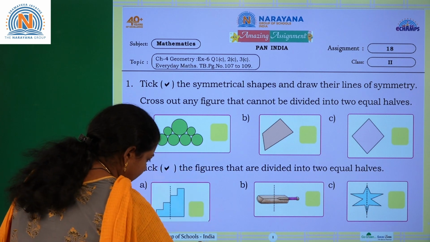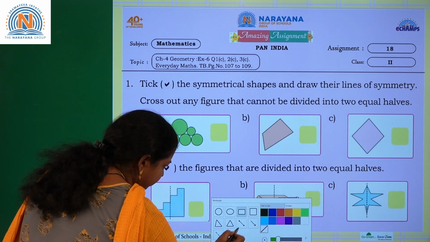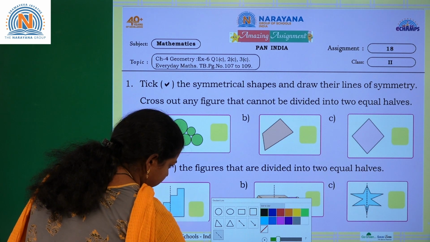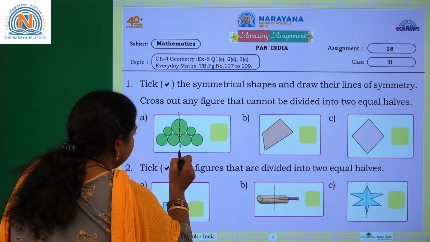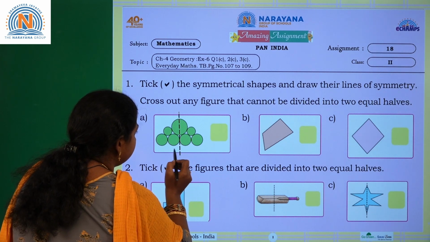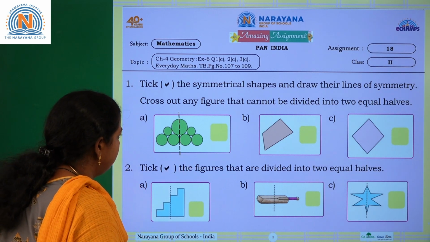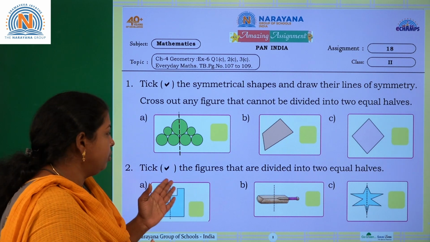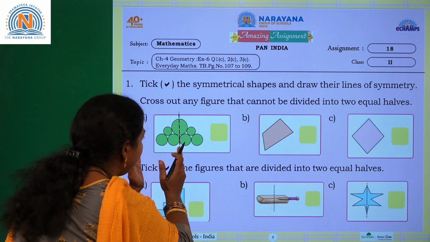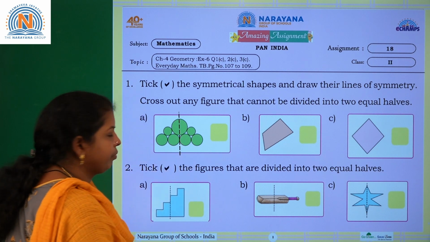Okay, let me divide this with a line. If I divide this figure exactly here, are you able to have a look at two equal halves on both sides?